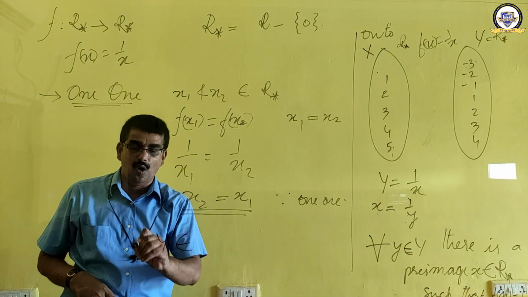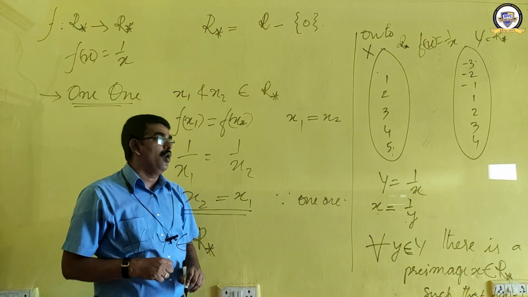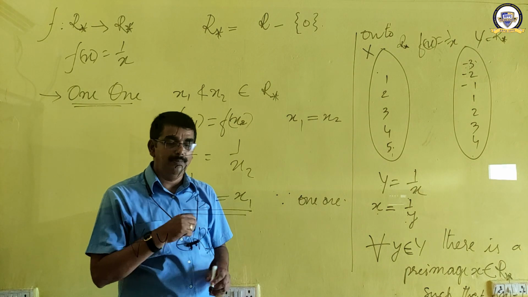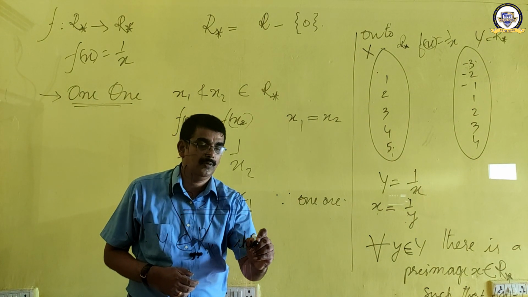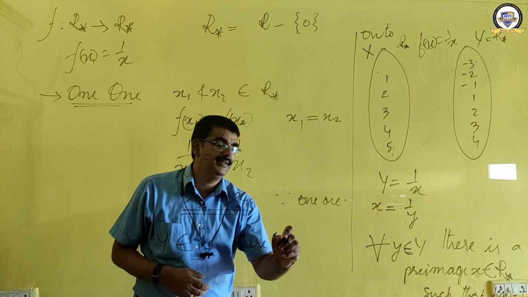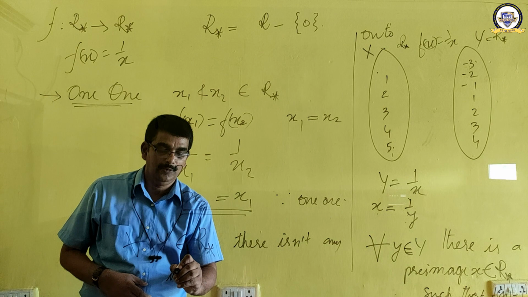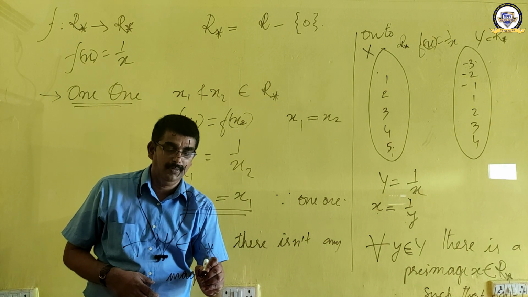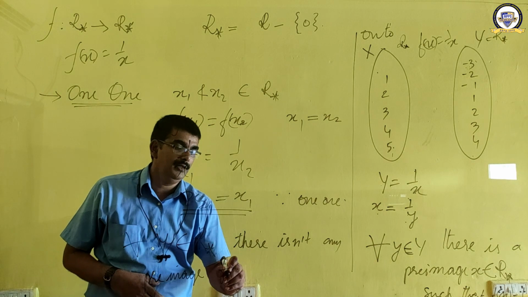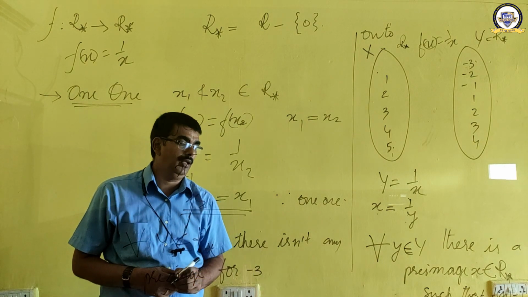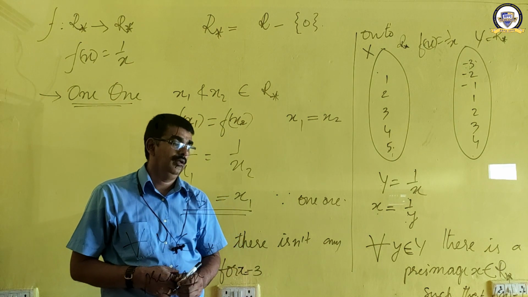Therefore, what we have to write? For all y belongs to R star, there isn't any pre-image for y equal to negative 3.